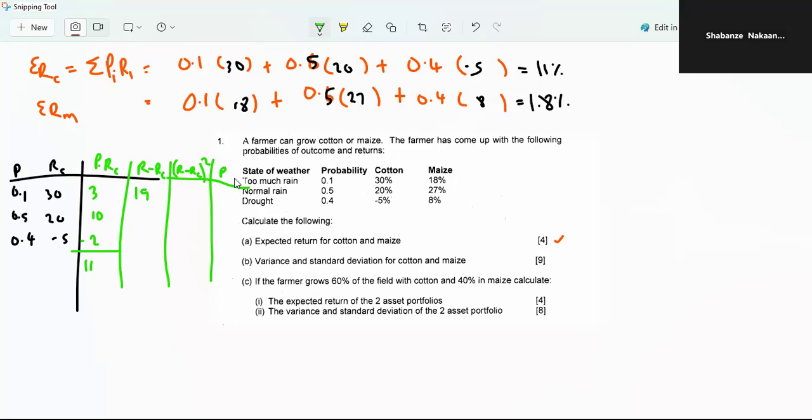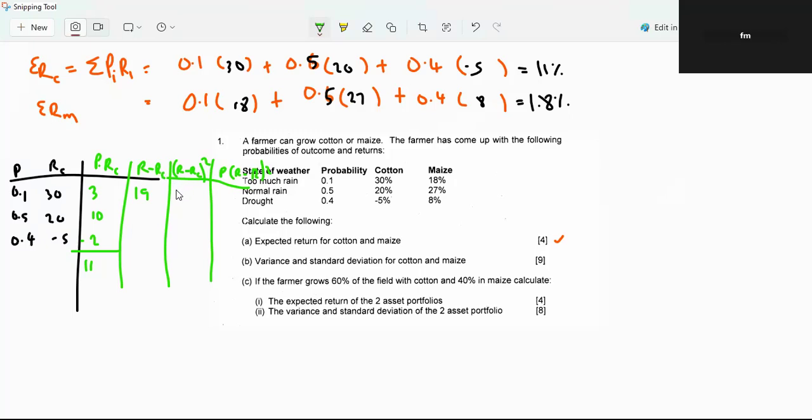Let's use the calculator. So what did we do after finding the mean? 30 minus 11, 19. 19 squared is 361.